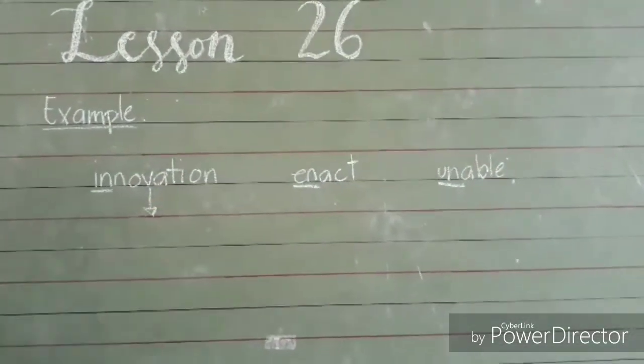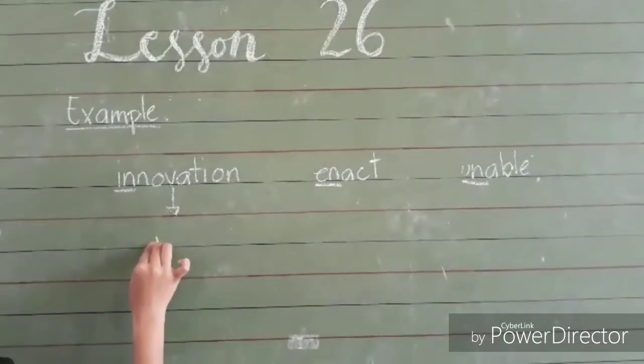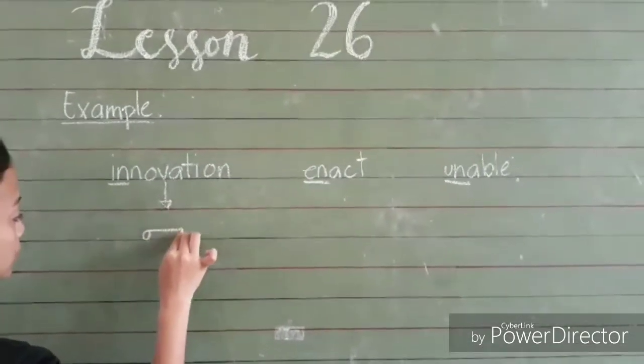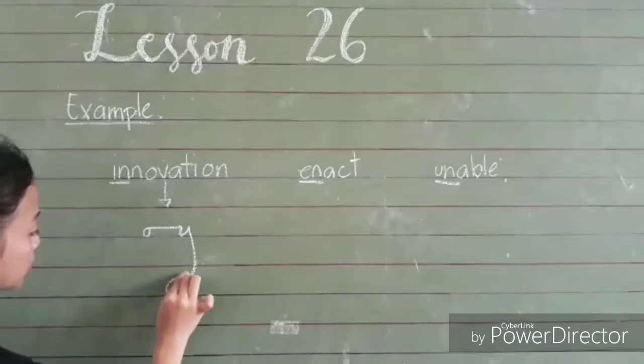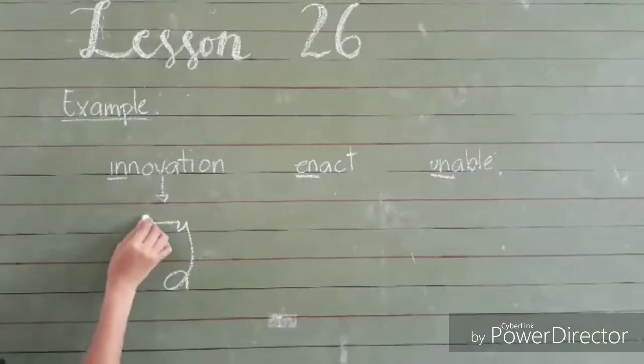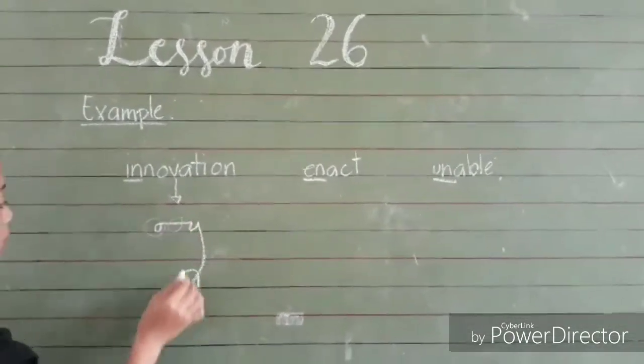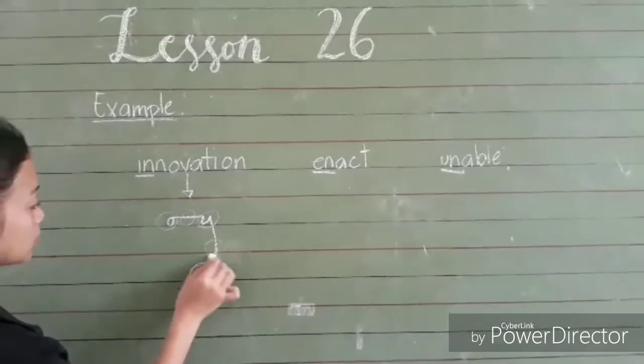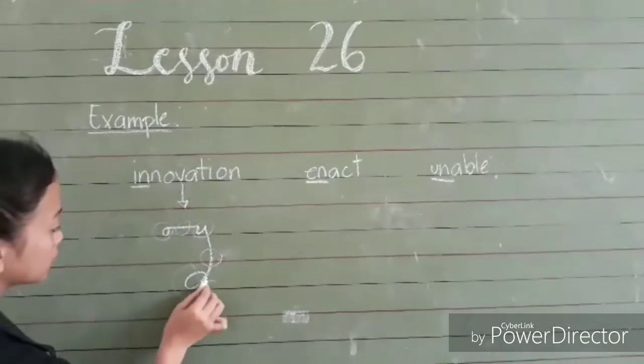Innovation is written in shorthand like this. And it is represented by E, N, O, V, A, and ish.